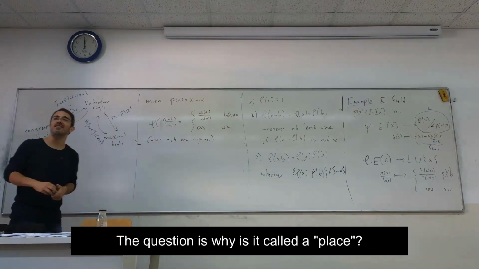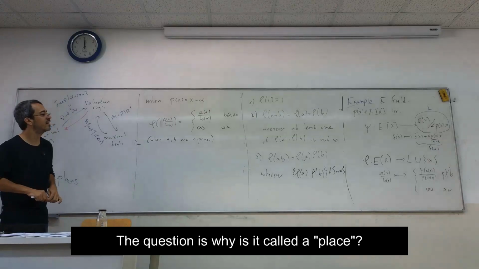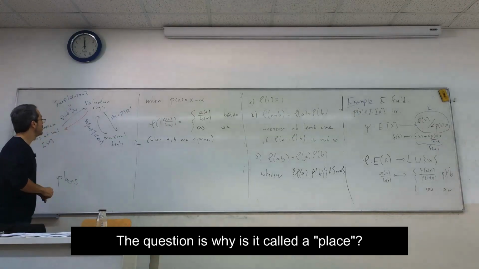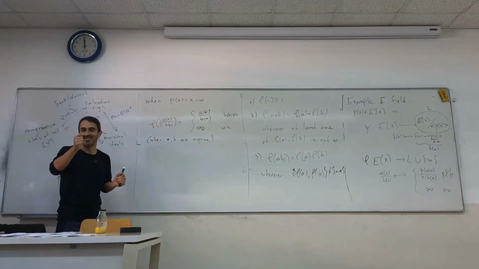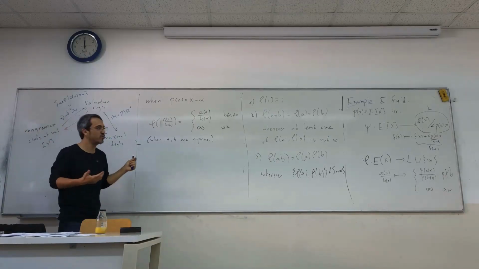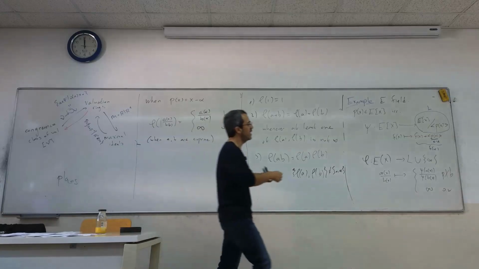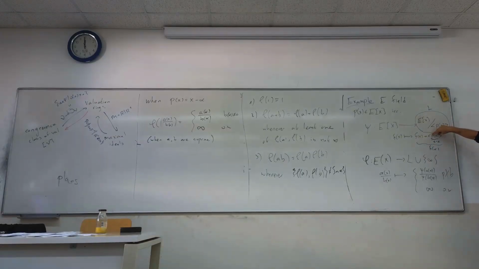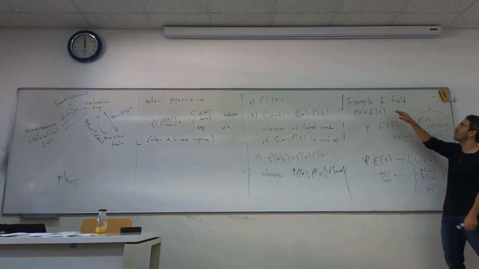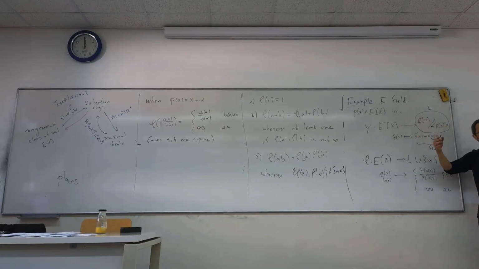Yes. Why are these called places? Right. So I think a point was a good name, because it corresponds to points. But really, you see here, alpha is the point that corresponds to x minus alpha. But you can take any irreducible polynomial. And the only reason you have an irreducible polynomial which is not of this form is because your field is not algebraically closed.